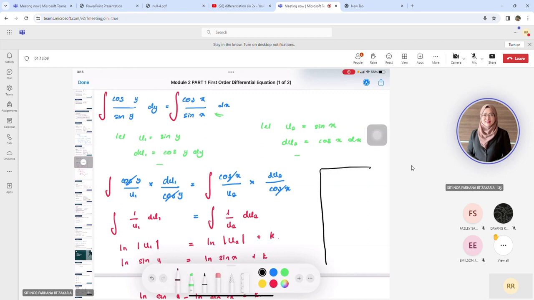This is an extra note: if you have an equation with 1 over x, 1 over x to the power of 2, then you can directly get ln. But if you have another variable, for example ln integration of x or y over x, this cannot be ln. Okay? Understand? Its answer is not ln.